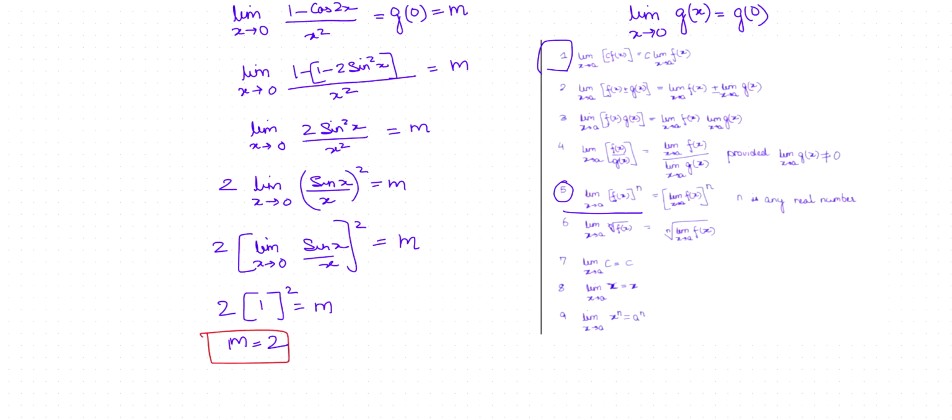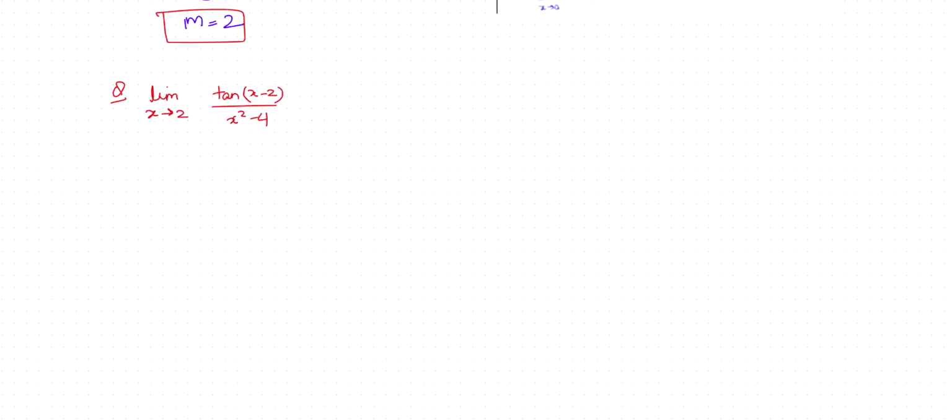Let's do one more problem. This is the question given to us, and if we put x equal to 2, we get tangent of 0, which is 0, and the denominator is 4 minus 4, so it is 0. So we get a 0 by 0 indeterminate form.